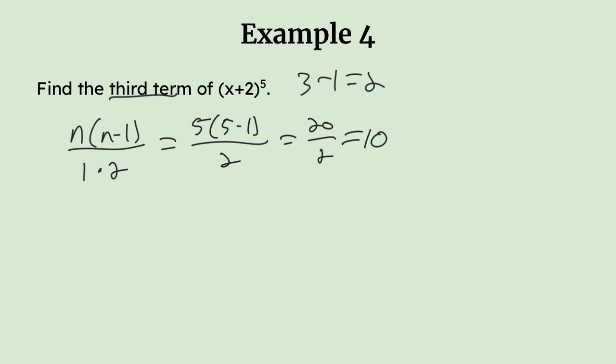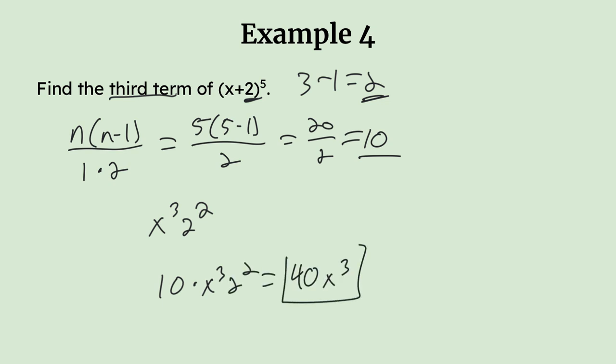And then for the exponents, the second one is always the same as this. So that's going to be x cubed y squared, but that y here is actually a 2. So putting it all together, we would have our coefficient of 10 times x cubed times 2 squared, which would be equal to 40x cubed.